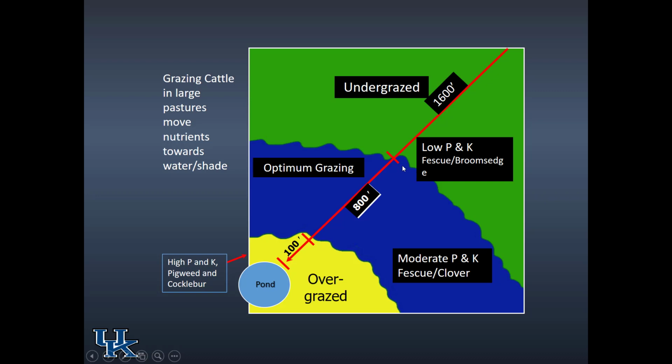What Jim measured at the University of Missouri's Forage Research Center is that beyond about 800 feet, the pasture was not utilized. I've observed this in Kentucky as well, even during periods of drought where livestock were no doubt limited in terms of the forage that they had. They just were not grazing forage that's more than about 800 or 1,000 feet from their water source.